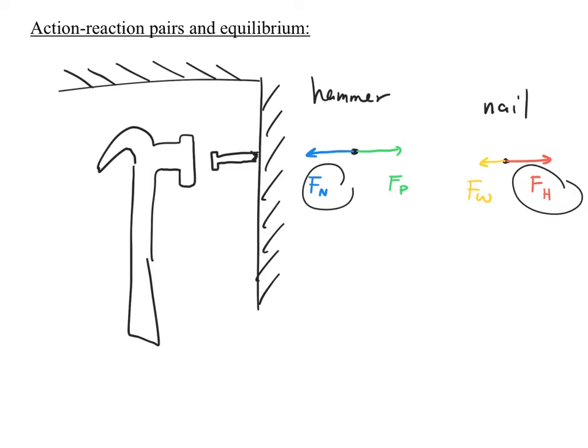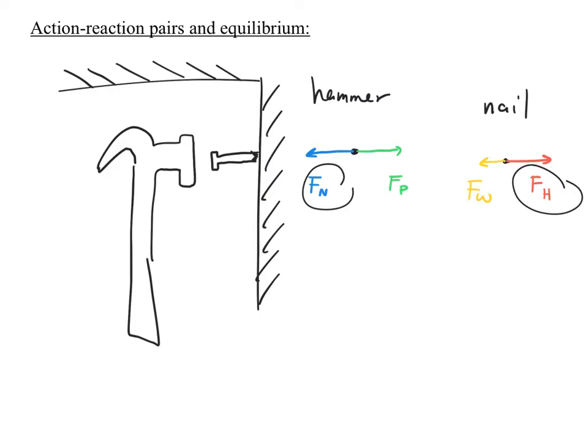Valentina: Do the force of the hammer and the force of the wall have an action-reaction pair, or you said no? So, you're talking about these two right here? Yeah. Those do not have a third force as a pair. So, the wall, let's think about this for a second. The wall is providing this response because it's a rigid member.